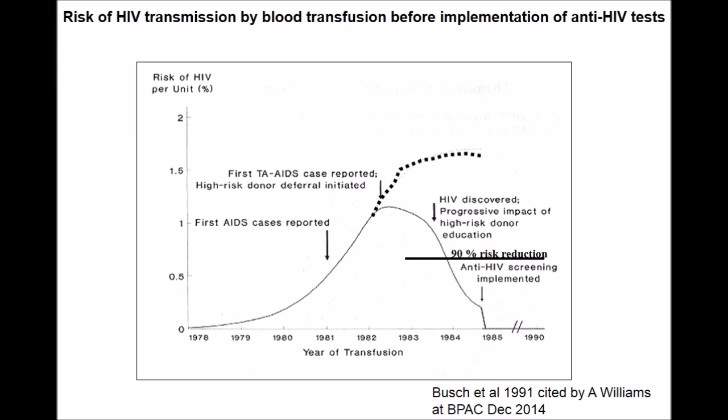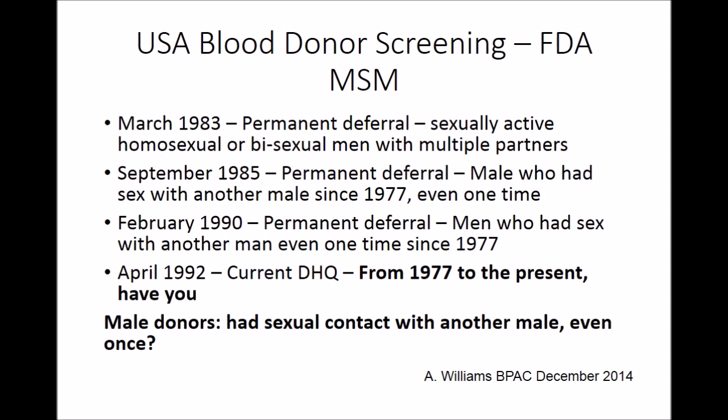The important point to note is this dotted line. This is the projection which Mike modeled at that time as to what would have happened if the deferral measures based upon donor selection had not been introduced. Through the introduction of the deferral measures, we got an immediate lowering of the risk, but if they hadn't been introduced, the risk would have gone up and up.